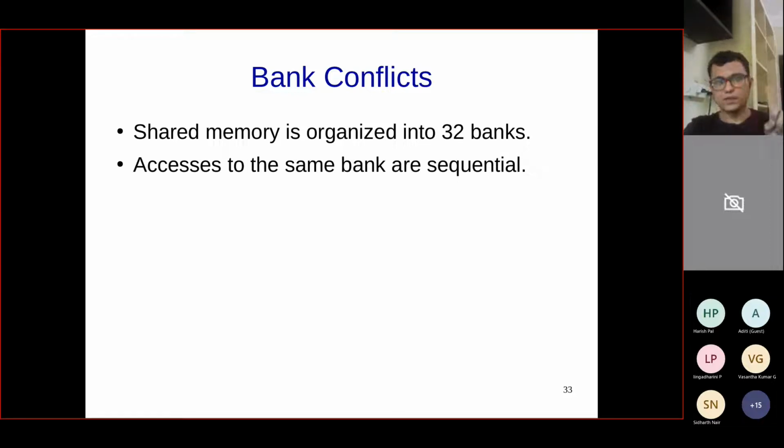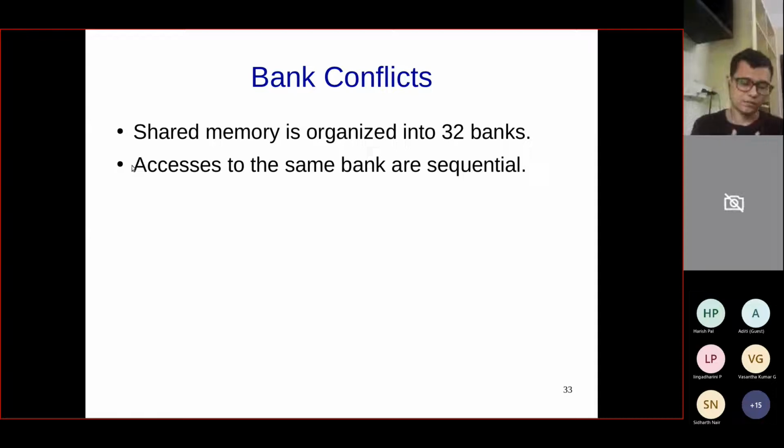So the first thing is improving memory coalescing, and if your accesses are completely coalesced, then if your program is having bank conflicts, you should optimize for the bank conflicts, I mean, optimize your program by removing those bank conflicts. Bank conflicts only occur when you are using shared memory.